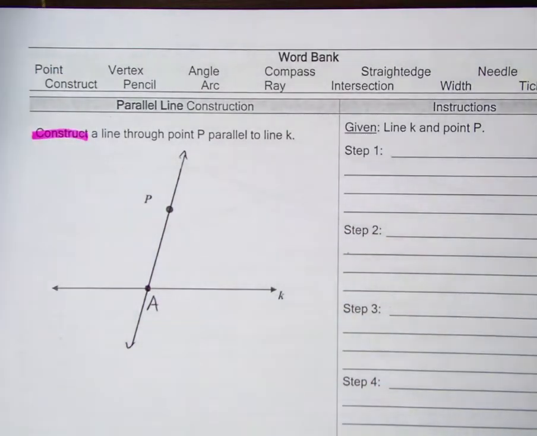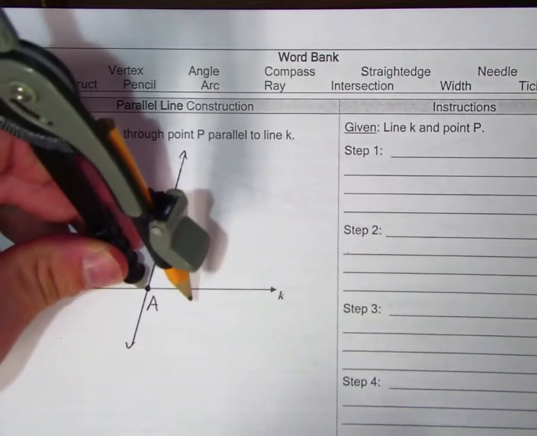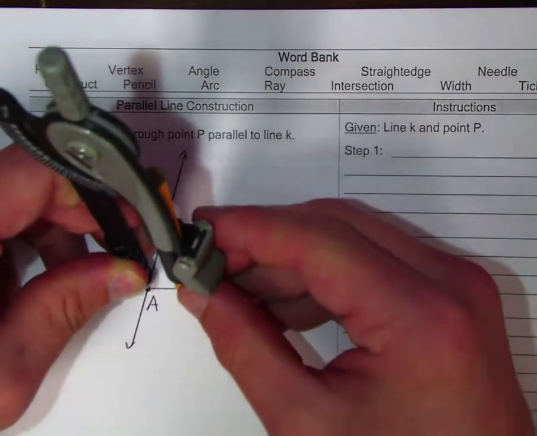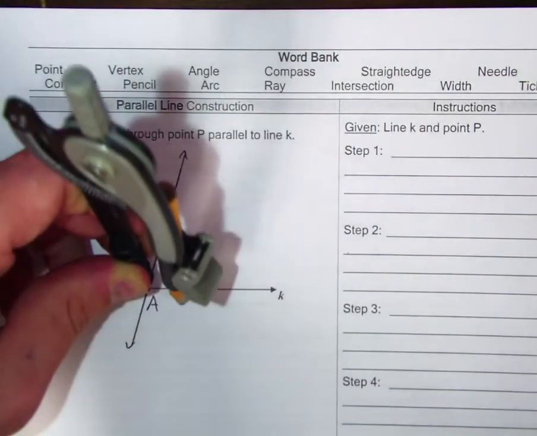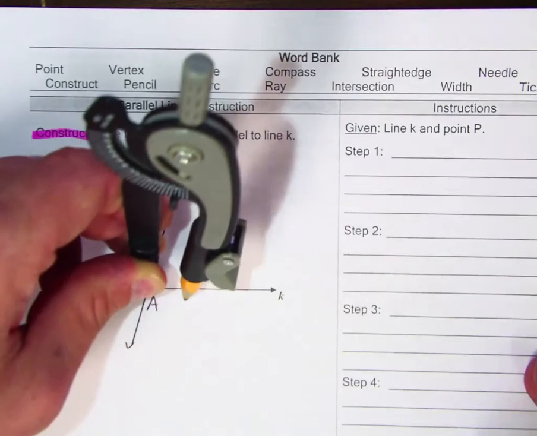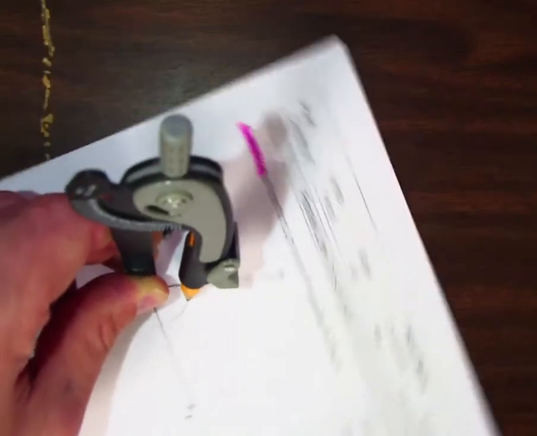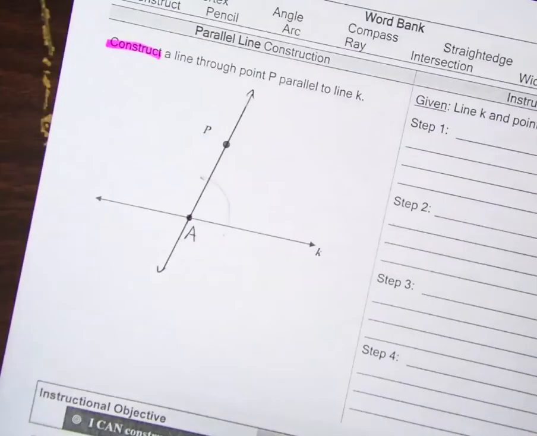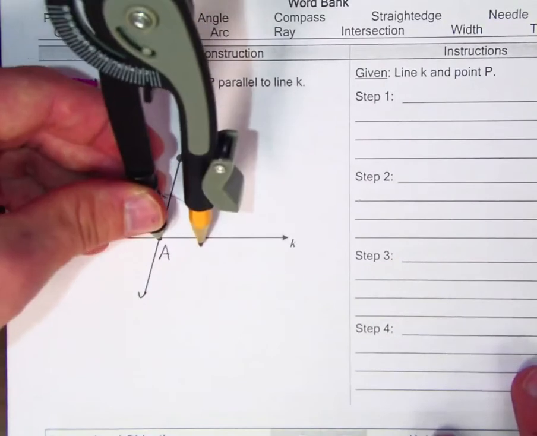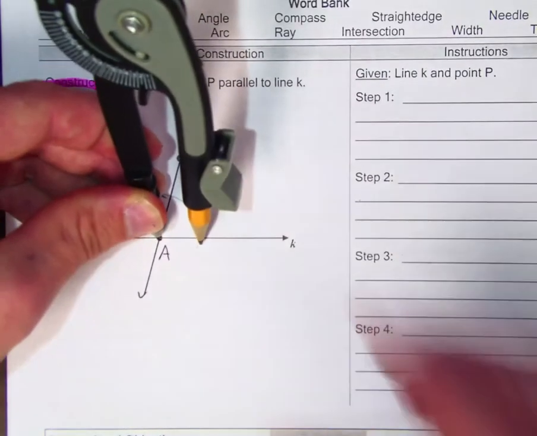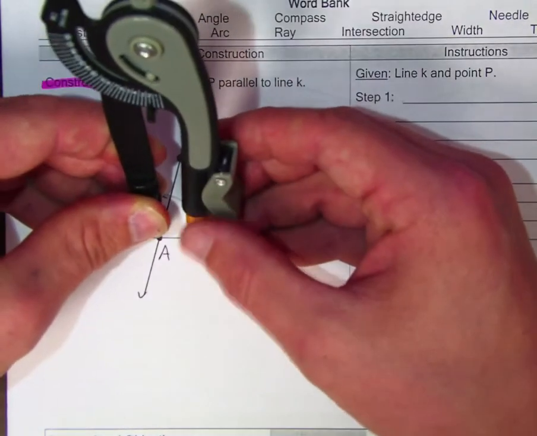Then I'm going to go ahead, take my compass, I'm going to do an angle copy. We've done this construction before. Here I go. And then I'm going to keep this width.